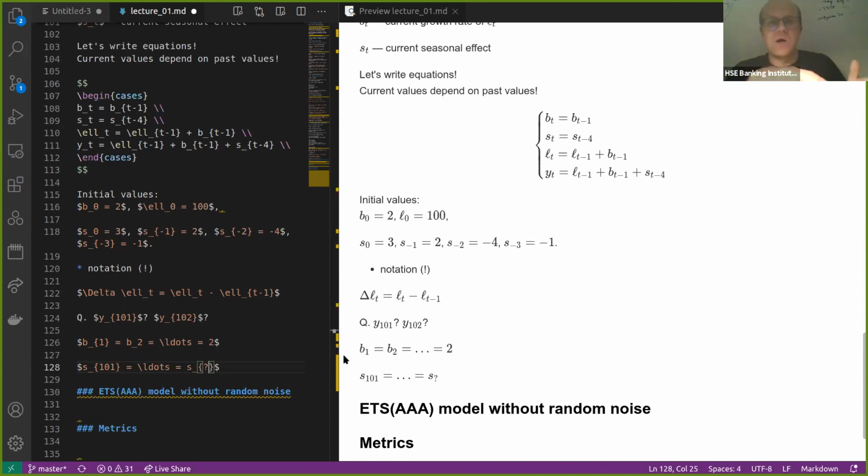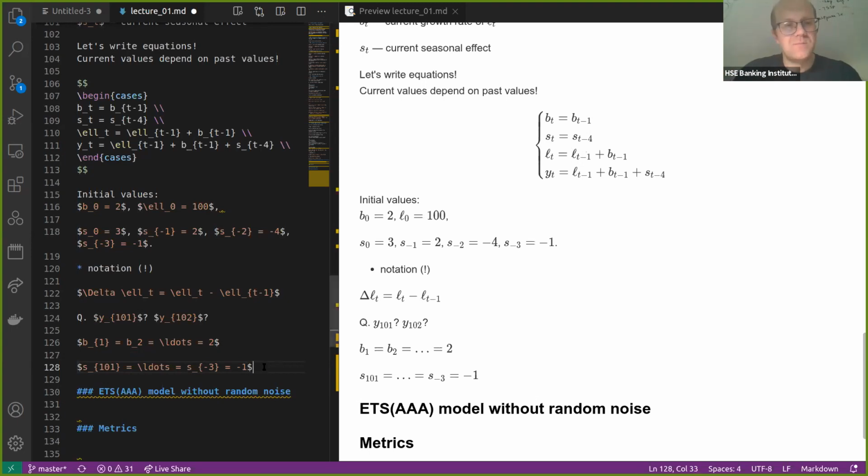We go back by 4, by 40, by 80, by 20, because all these numbers are divisible by 4. Going back by 100 gives S1, and by 100 once more gives S minus 3. And S minus 3 is minus 1. This is a seasonal effect because they just make a cycle.